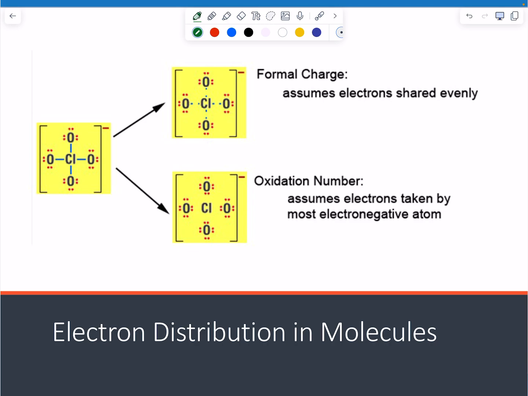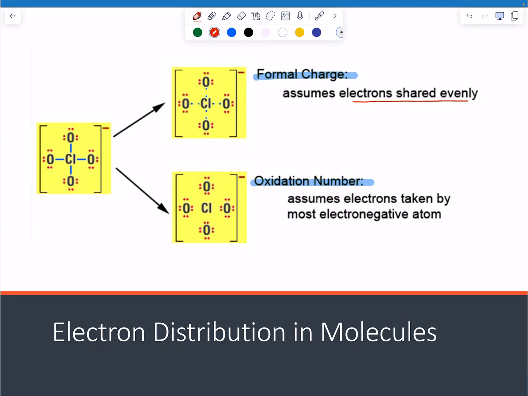So two other things that we take into consideration in terms of electron distribution in molecules are formal charge and oxidation number. We're going to talk about formal charge first, and formal charge assumes that your electrons are shared evenly. We talked about what actually happens with bonding electrons; sometimes one atom hogs them more than the other.